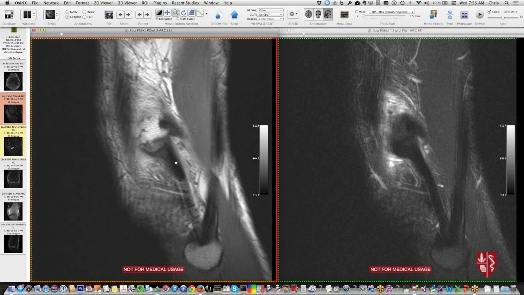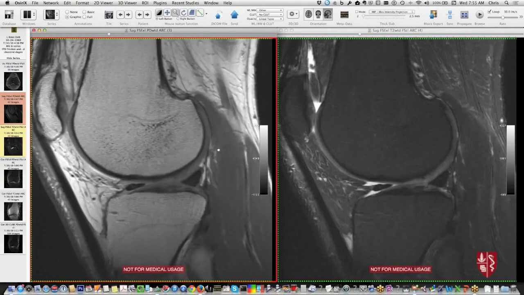So you can actually see it in profile here. It's not usually the best image to look at that, but in this case it shows up really nicely. That's why when we look at coronal images for the fibular collateral, you have to scroll from anterior and scroll backwards to track it along. I can show that again a little bit more in a second.